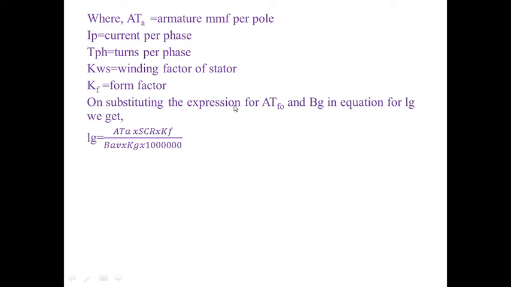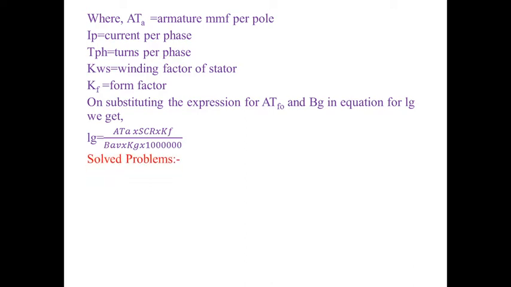Just substituting the ATF naught and Bg values, you get the length of air gap when the short circuit ratio value is given. In that case we need to know the armature MMF per pole, form factor, specific magnetic loading, and gap contraction factor. So by using this equation you can calculate the length of air gap.